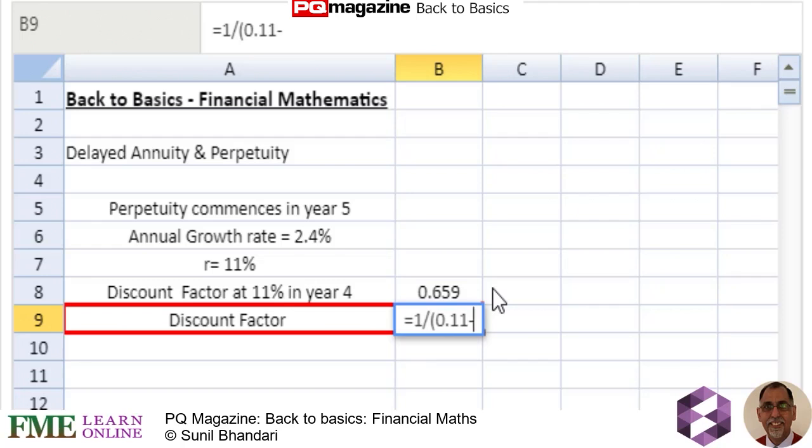Deduct from there 0.024, close that off. I'm then going to multiply that by the discount factor the year before the growth commences, 0.659, press equals, get the value of 7.663.